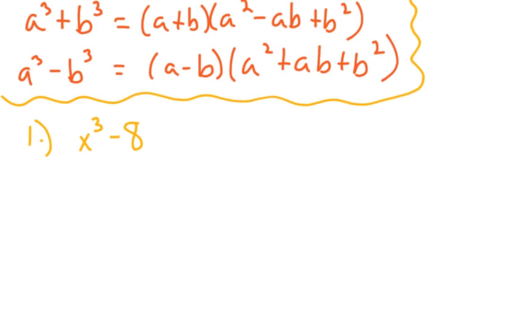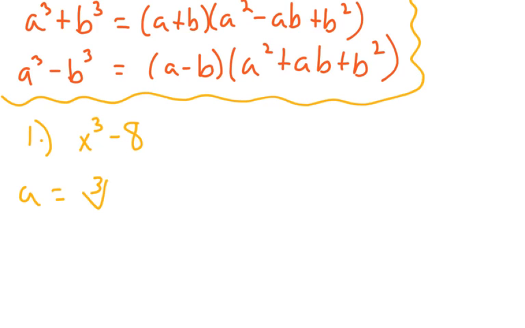Well, it's in the form of a difference, right? It's being subtracted, so we're going to use this formula here. My a is my first term, and we actually need to take the cube root of it first. I need to get a by itself. So what's the cube root of x cubed?